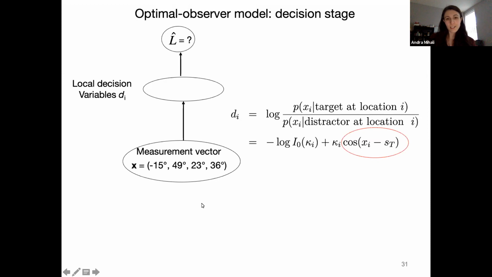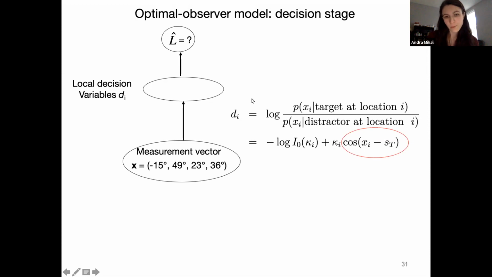It uses the measurement vector, and these local decision variables are computed as the log ratio of the probability of the measurement xi conditioned on the target being at location I, divided by the probability of the measurement xi conditioned on the possibility that there's a distractor at location I. And we see that this formula ends up being a function of the cosine of the measurement xi minus ST. So when this measurement xi is close to ST, the cosine is close to 1, and this DI value increases.